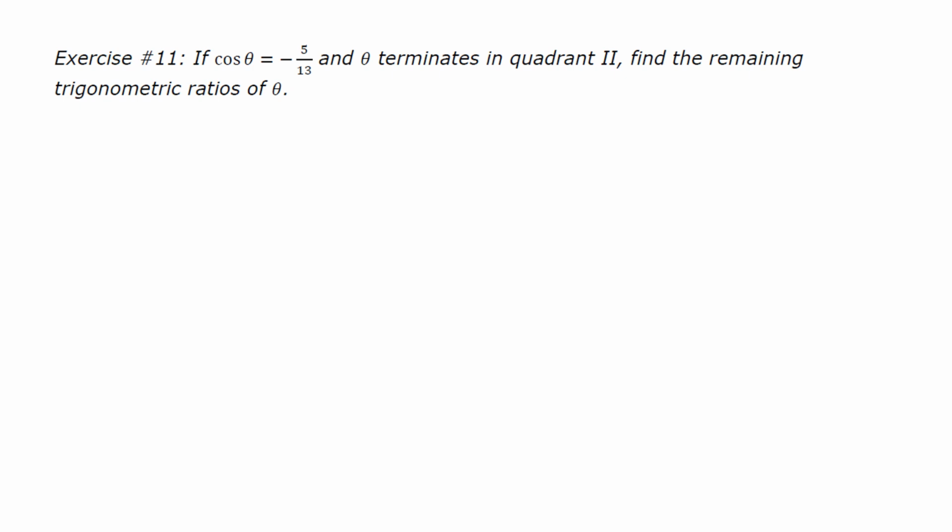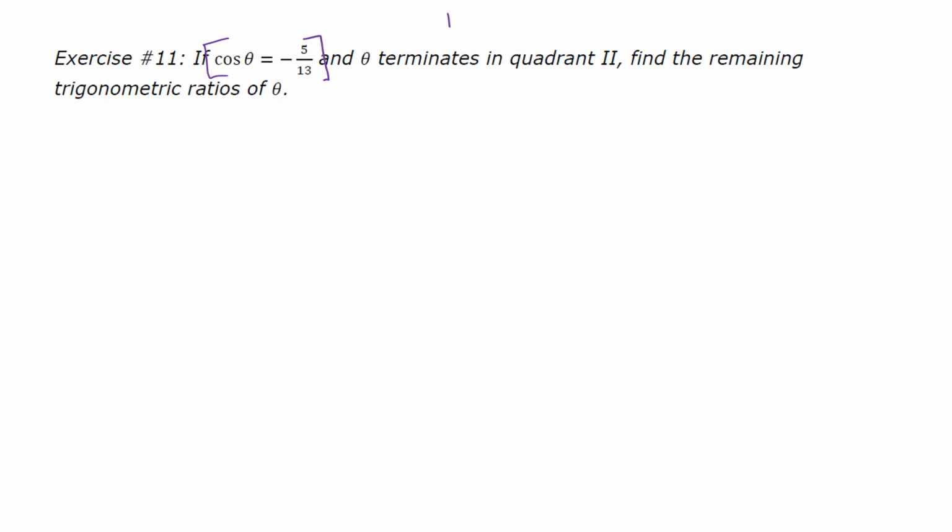Exercise 11. If cosine theta equals negative 5/13 and theta terminates in quadrant 2, find the remaining trigonometric ratios of theta. Well, we are given that cosine equals negative 5/13.